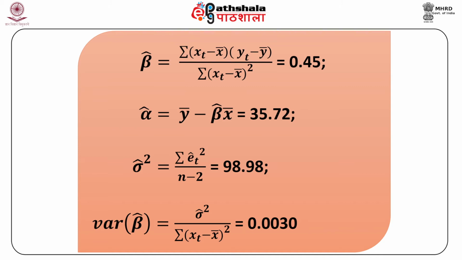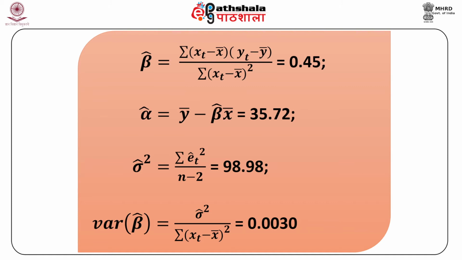So sigma hat square is equal to sigma et hat square upon n minus 2, and this is equal to 98.98 on substitution of the values of et hat, and sigma et hat square you can calculate from the last column of this table by adding all these values. Now the variance of beta hat comes out to be equal to sigma hat square upon sigma of xt minus x bar square.